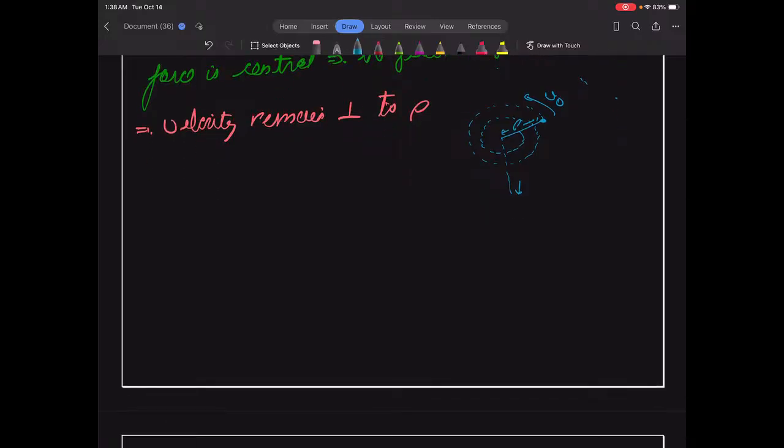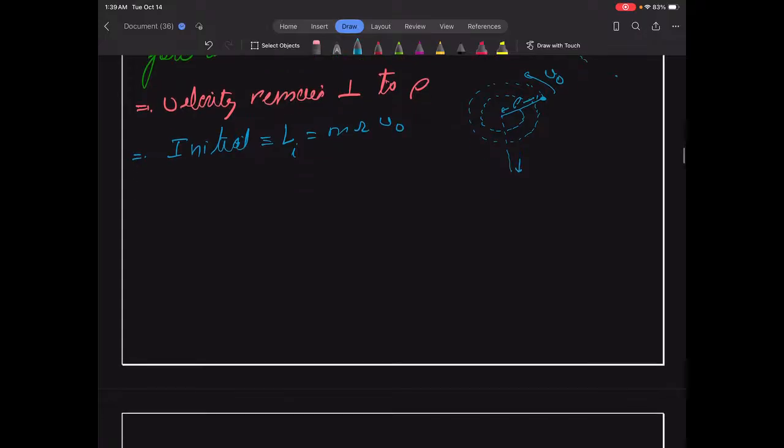So we can find out the angular momentum initially when it is at a distance of r from the center. Our initial angular momentum, L i, is equal to m multiplied by r, and its velocity is v naught. And at any radial distance, let us suppose its velocity is v.